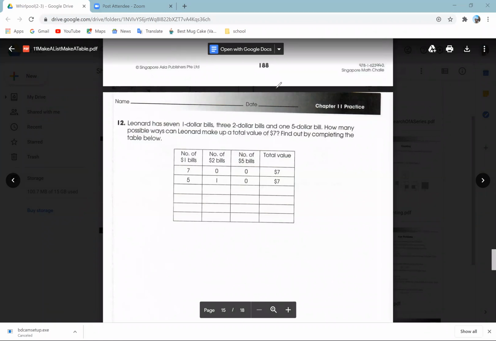We can do 3 $2 bills, which would be 6, one of those. We could also do one $5 bill, one $2 bill.